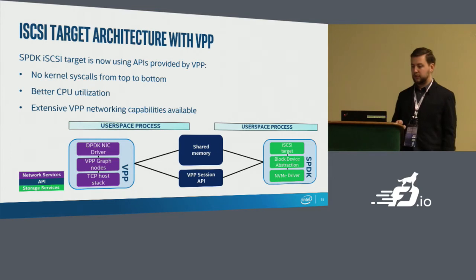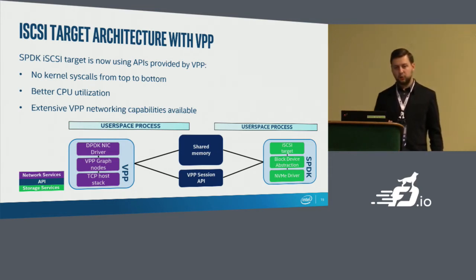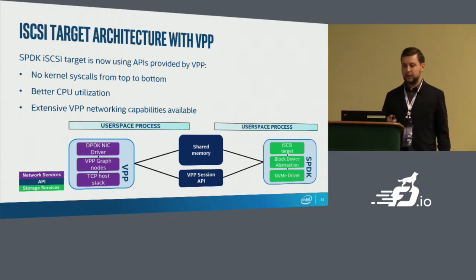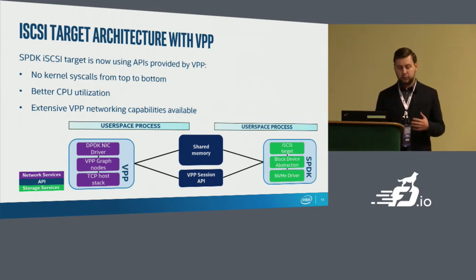A thing to note is that VPP and SPDK work as two separate processes, and thus we opted to use the binary APIs and interact via shared memory between those two processes.